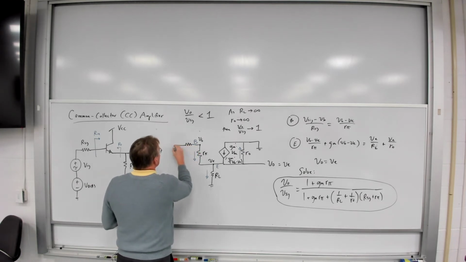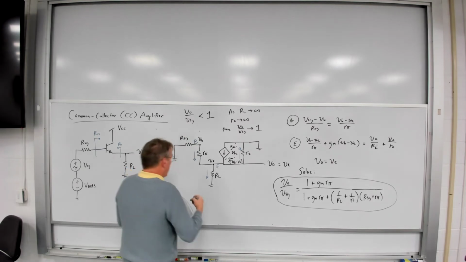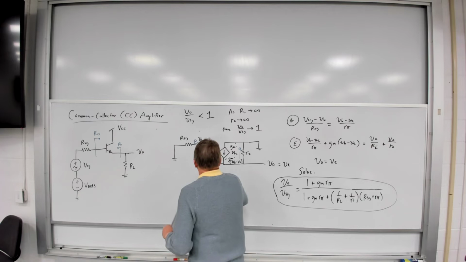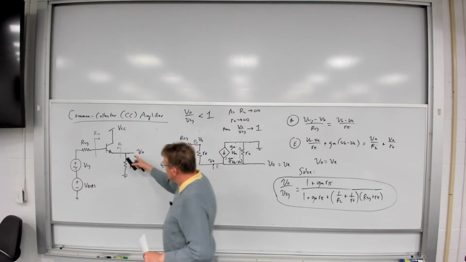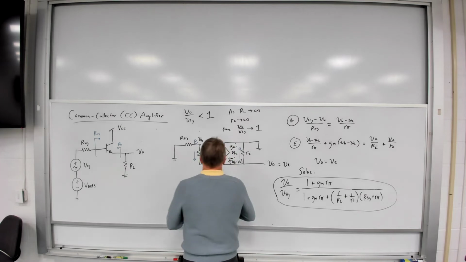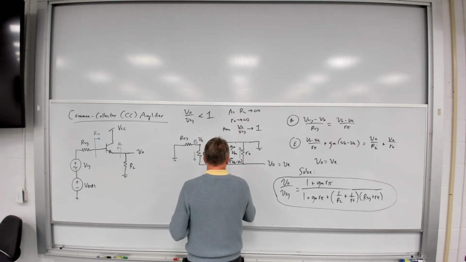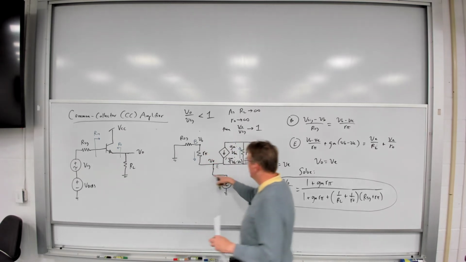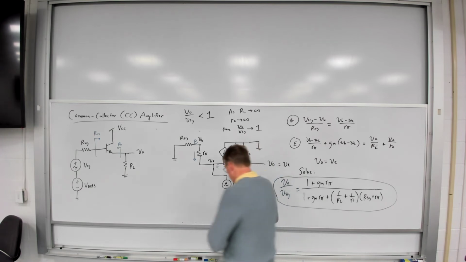Set V sig equal to 0. And in this case, I'm going to remove R sub L because I'm going to assume that RO is looking directly into the emitter. So I will put my 1 amp source here, and inject it into here in order to calculate R sub O.